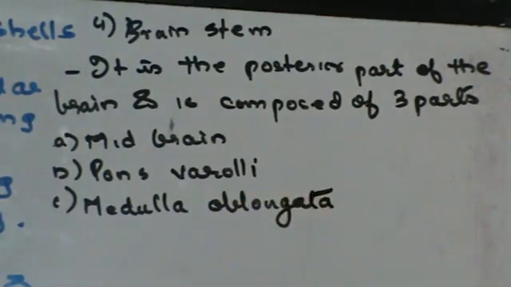Right? Now, the entire major part of the brain is placed in these three parts, and therefore collectively they are called the brainstem.